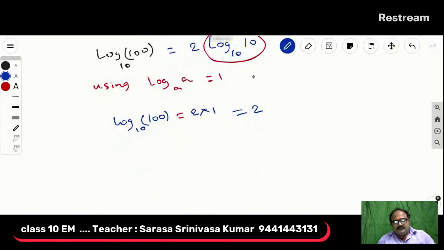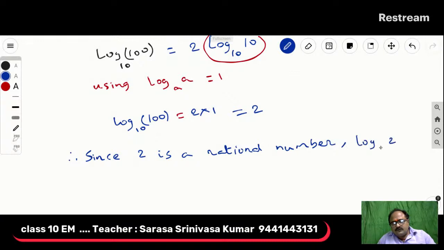2 is a rational number. Therefore, since 2 is a rational number, log 100 base 10 equal to 2 is a rational number.